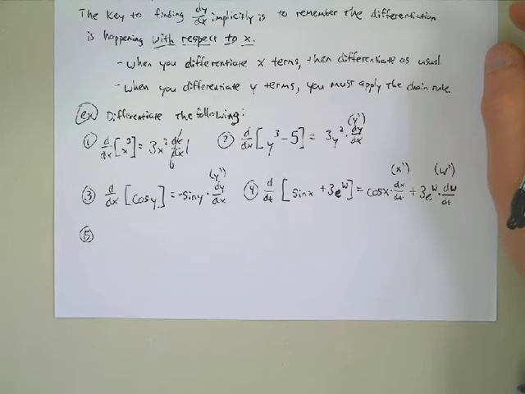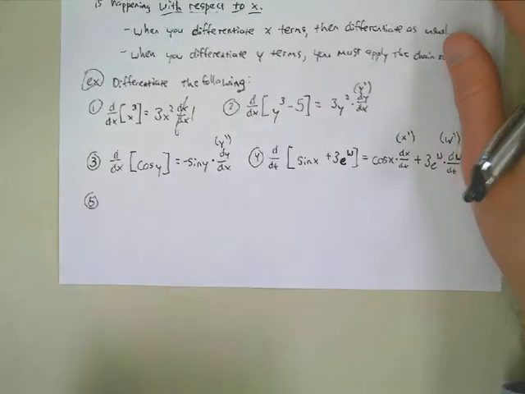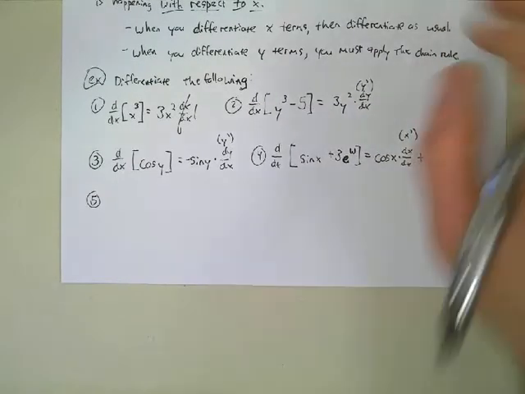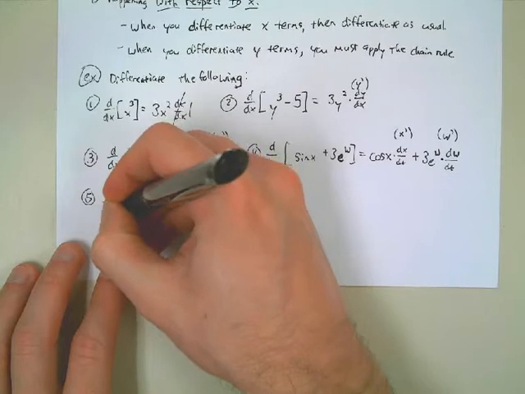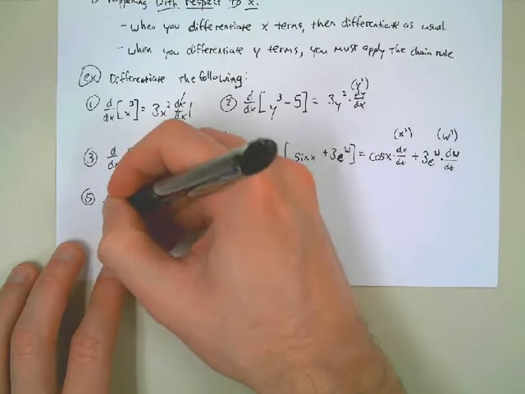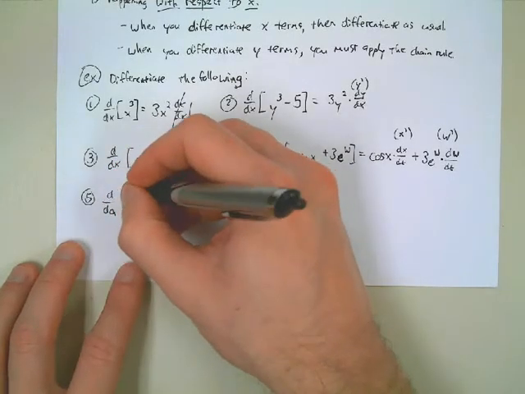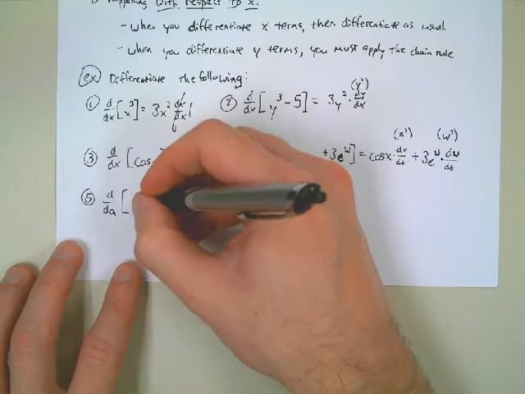Okay, let's do one more practice and then we'll go over the guidelines here. All right, we'll take the derivative with respect to a, so d-da of a times b squared.